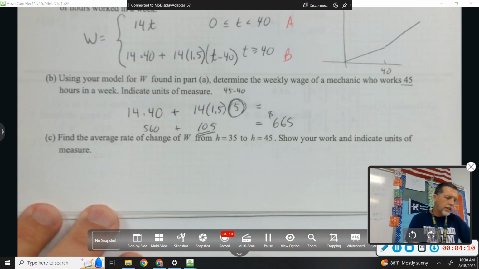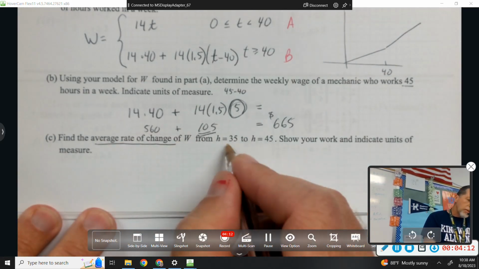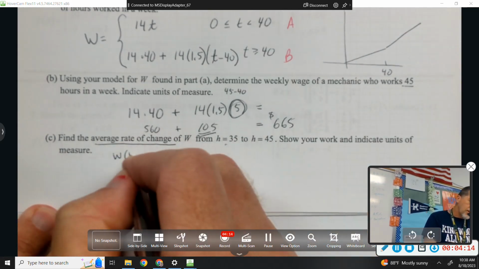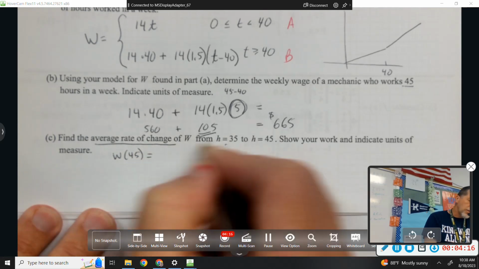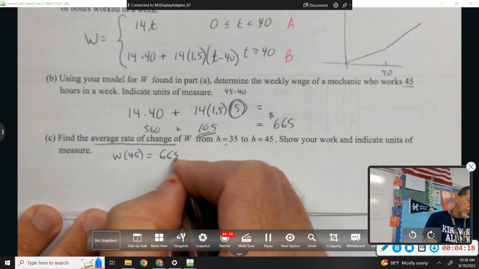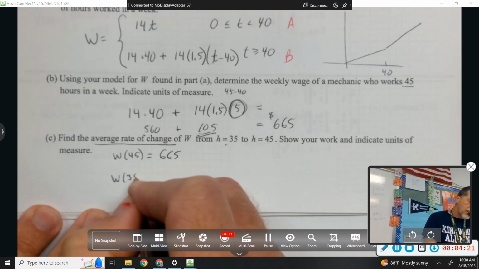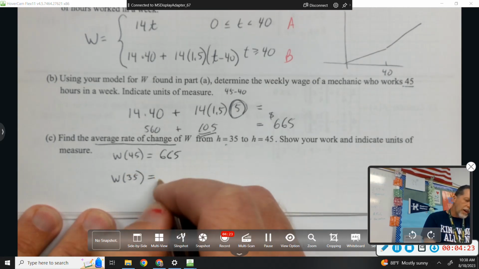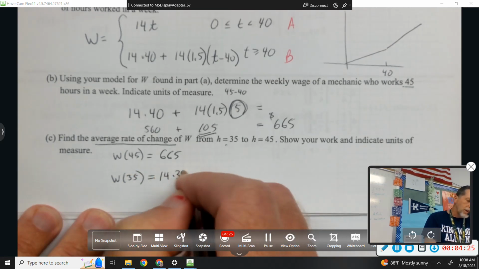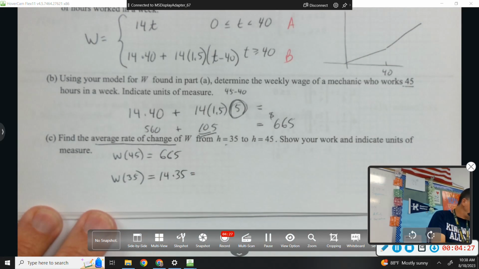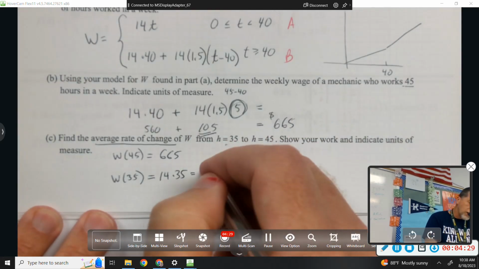Find the average rate of change from 35 to 45. Well, we just found W of 45. That was 665. W of 35, that's just whatever 14 times 35 is. You don't get any overtime hours if you only work 35 hours.